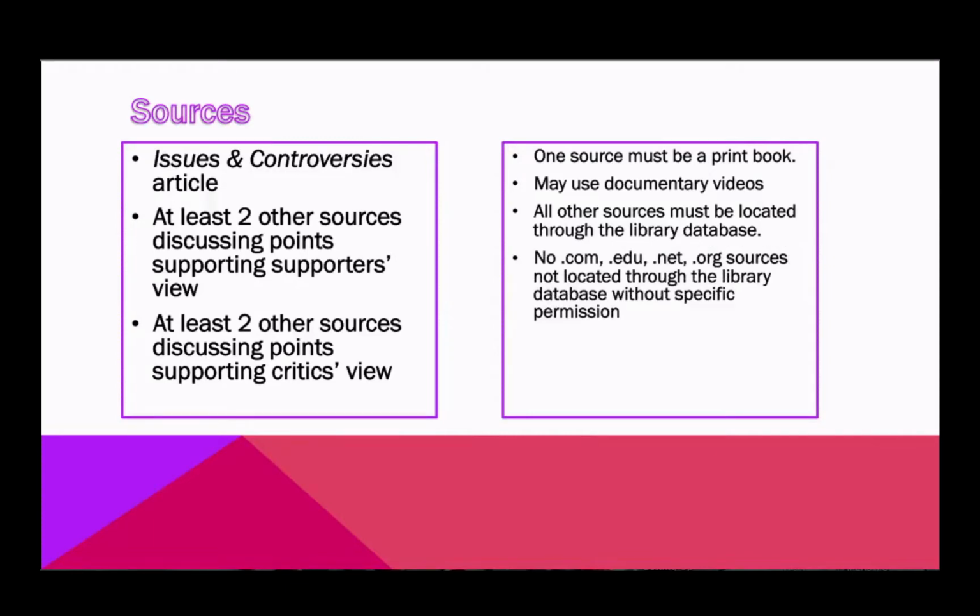You may not use .com, .edu, .net, or .org sources that are not located through the CSN database without checking with me in advance. If you believe that you found a reputable website that's published by a respected source, email me the URL of the specific web page and I will let you know if you can use it in your paper.